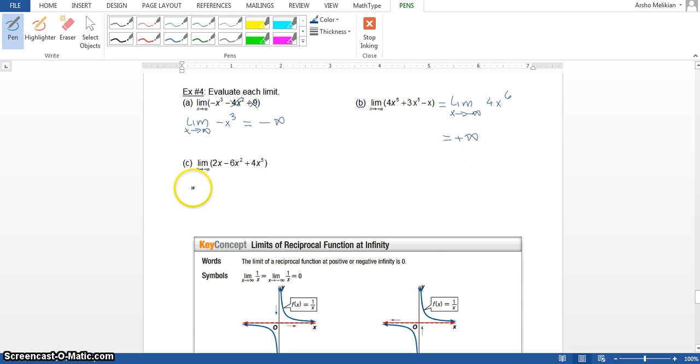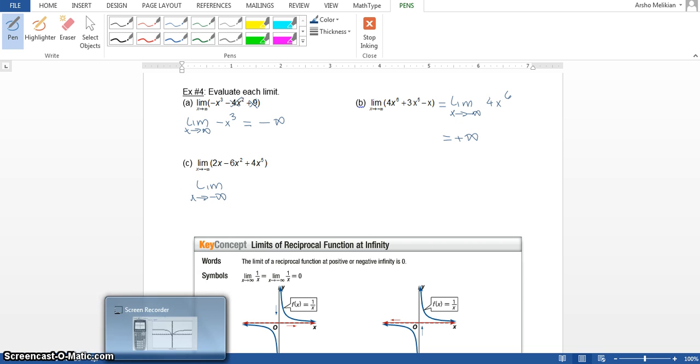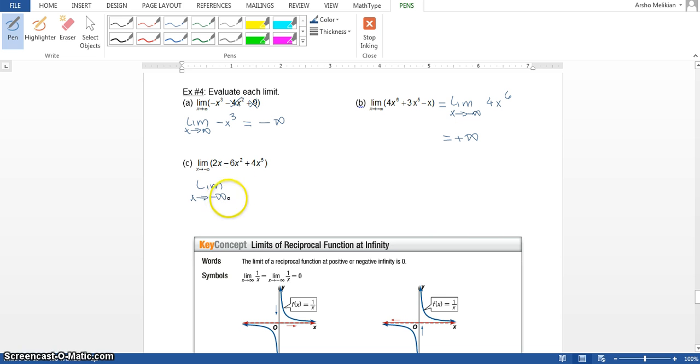What about this one? What is this equal to? The limit as x approaches negative infinity of 4x to the 5. And now negative infinity raised to the power of 5 will be negative infinity.